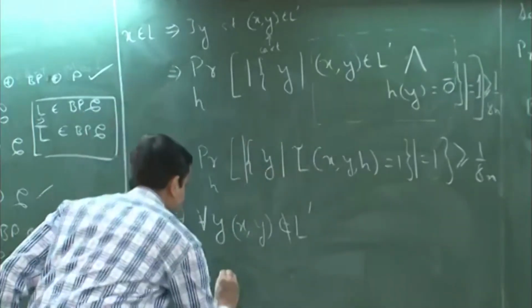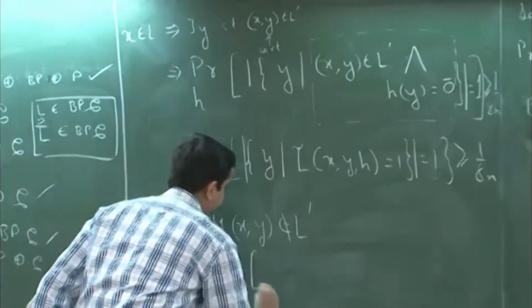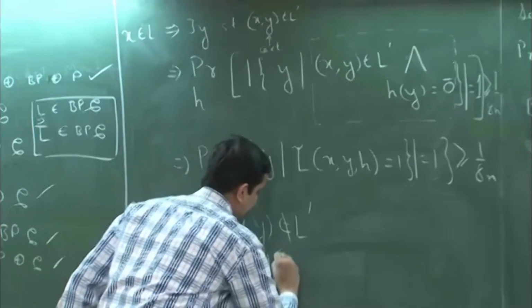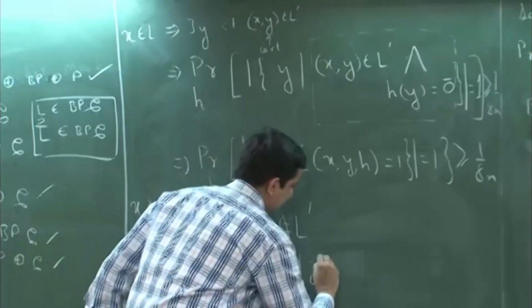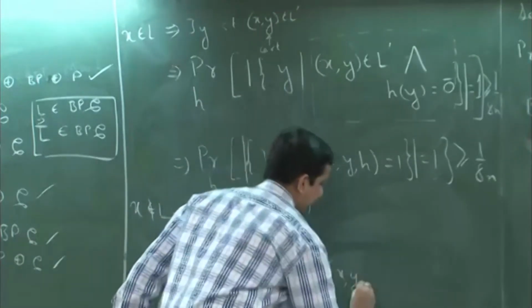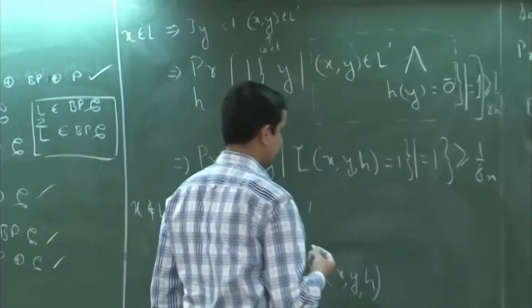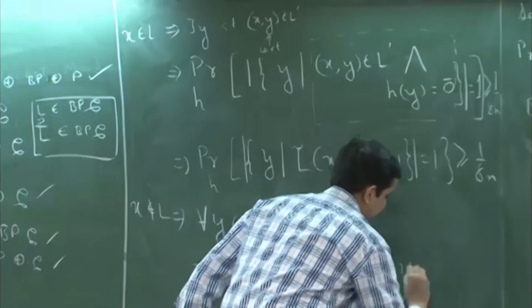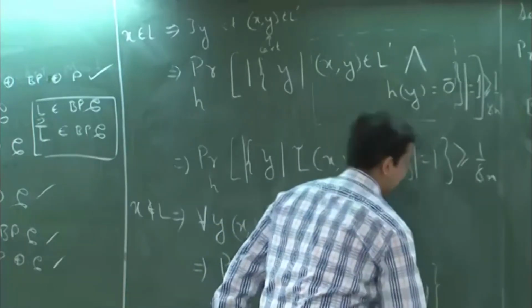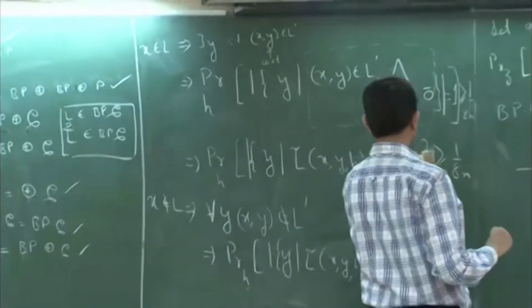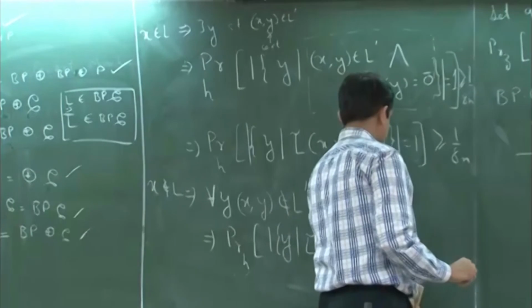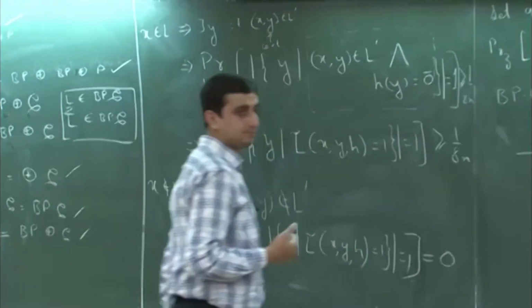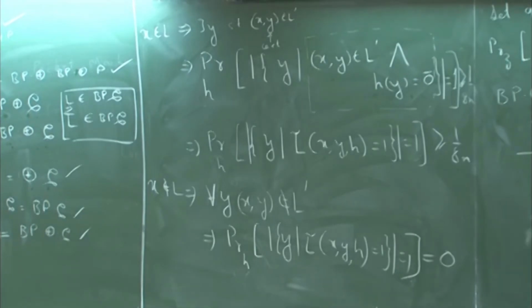Therefore the probability that the number of y's such that L tilde x y h is 1 is 0. Now since this is a one-sided error machine, I can take polynomially many trials and amplify our success probability so that this becomes a BP machine.